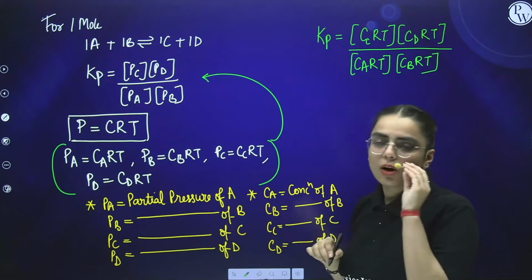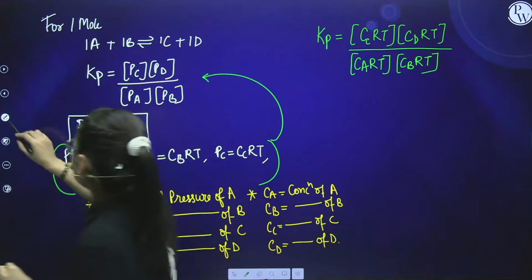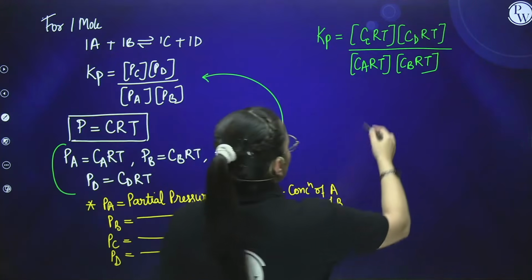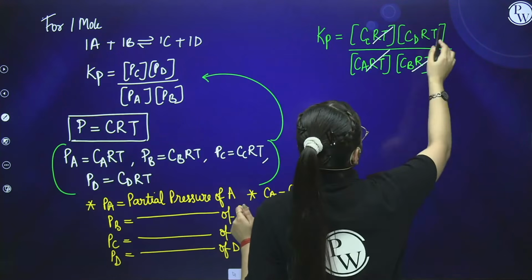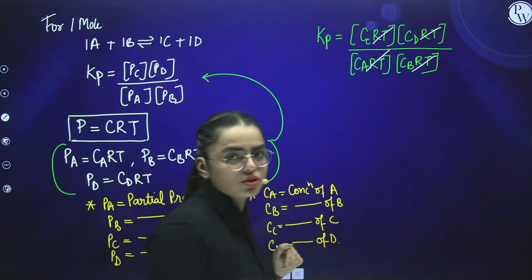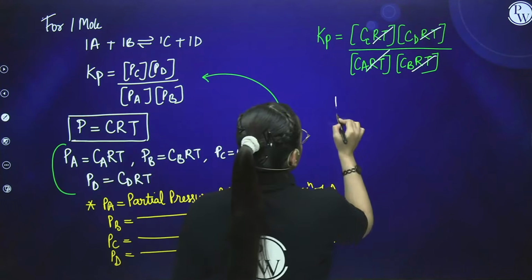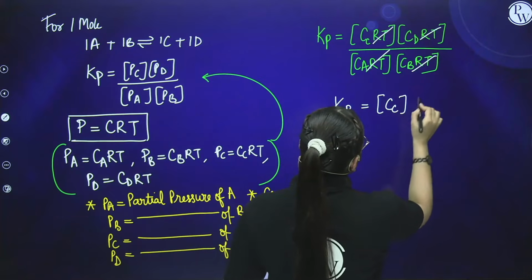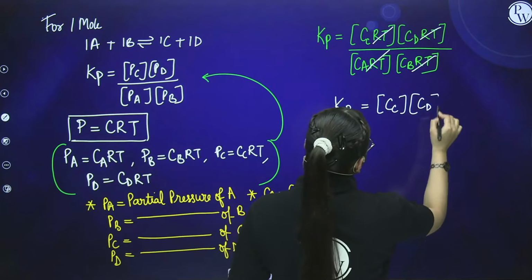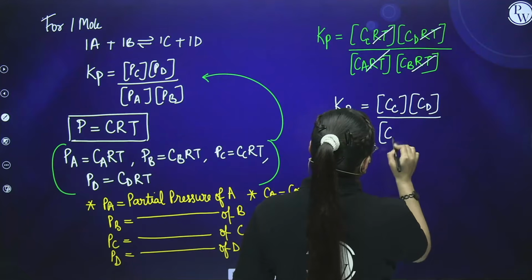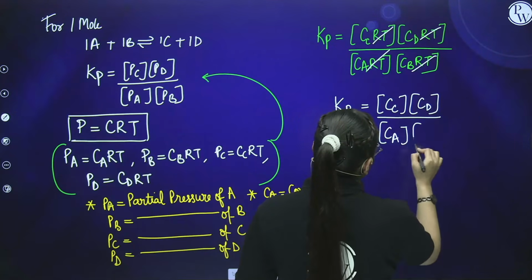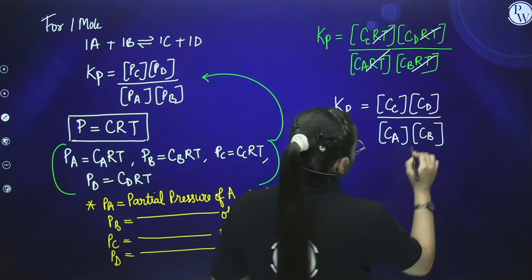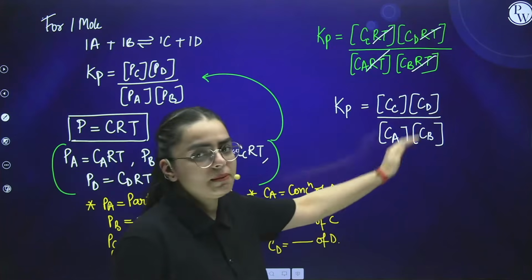Am I right? Now all RT will get cancelled out over here. This RT is going to get cancelled. This is going to get cancelled. They are cancelled because they are in the divide section. So what we are getting over here, we get Kp is equal to Cc into Cd divided by Ca into Cb.